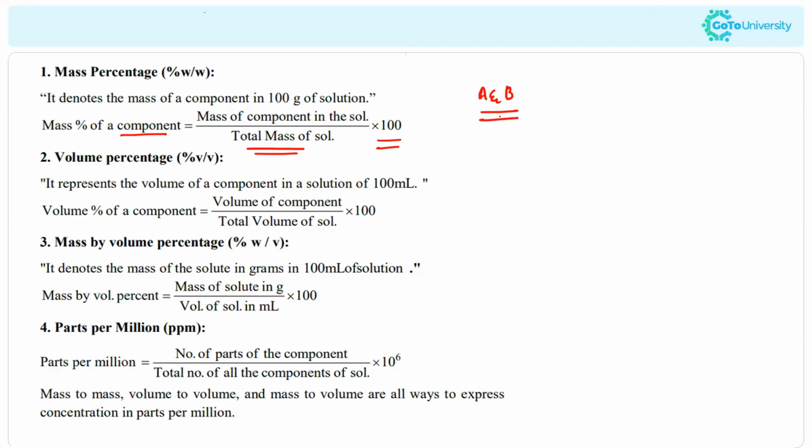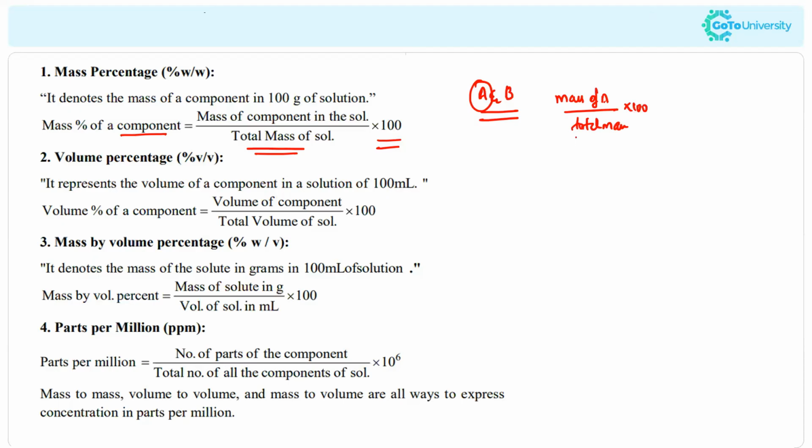Okay, so the total mass will be the mass of the total solution. But the first one, the mass of the component, will be whatever component you have to find the mass percentage of. So the mass percentage of A in this mixture will be equal to the mass of A divided by the total mass times 100.